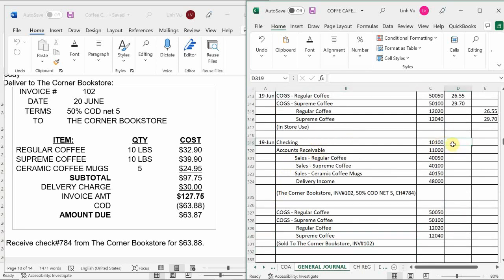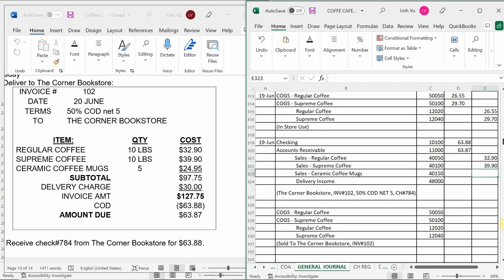So in this case, I received a check for $63.88. They owe me $63.87. I sold to them regular coffee for $32.90. And I sold Supreme coffee for $39.90.